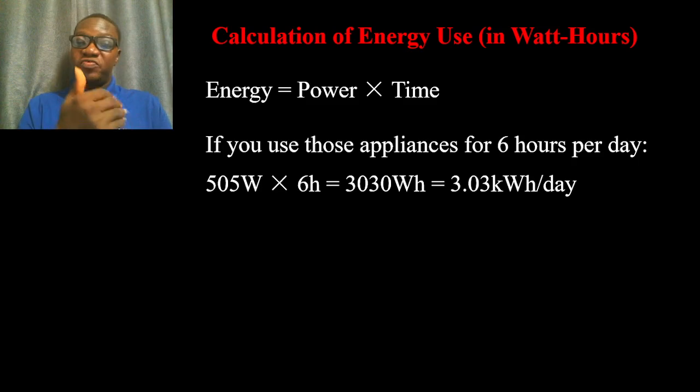So if you want to do it for a customer, you have to take note of individual appliances, how many hours they run, calculate the power per day that they consume, and add up everything together so that you can use it for further calculation. So that's how you get your energy used per day.